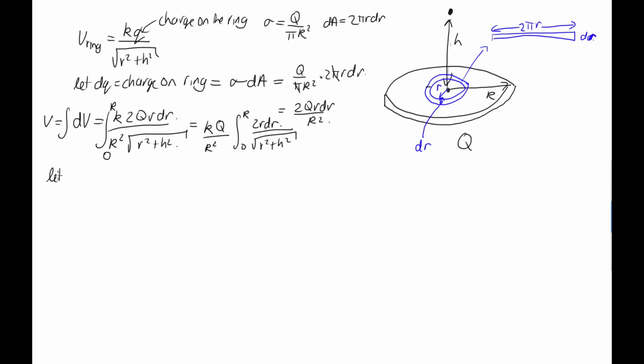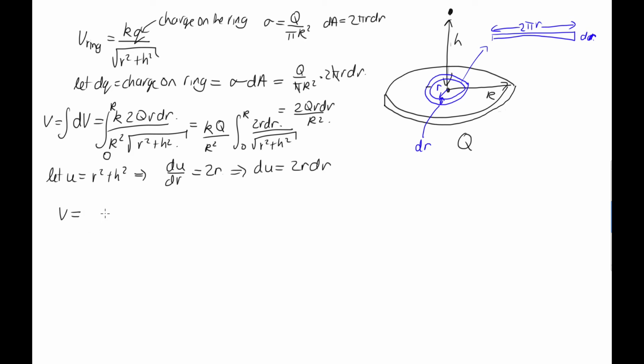So I'll let u equal r squared plus h squared. So this tells me that du/dr is equal to 2r. So I can see that du is equal to 2r dr, which was why I left my 2 inside this integral here.